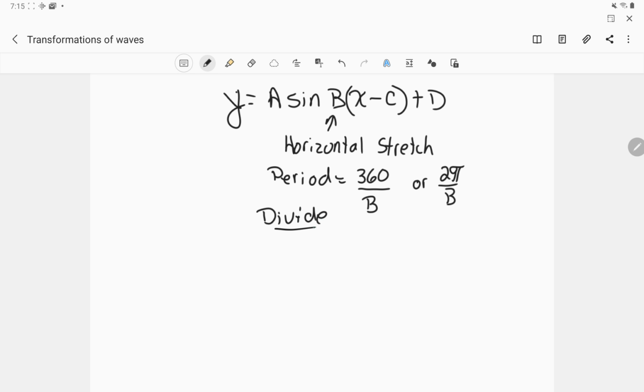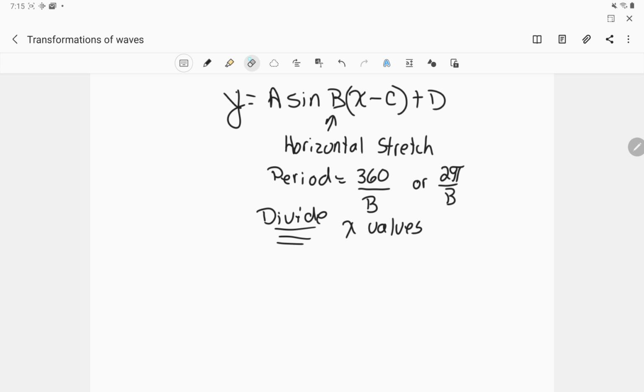It's very important that you divide your x values by whatever number that is. So if there's a 2 there, you divide all your x values by 2, which would make it a horizontal compression by a half. Your wave is going to be half as long as it was.